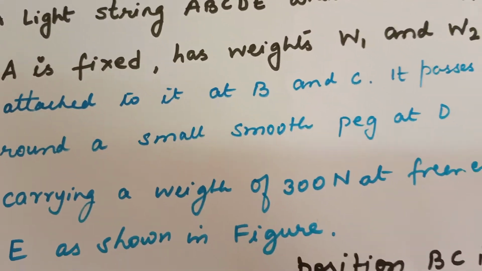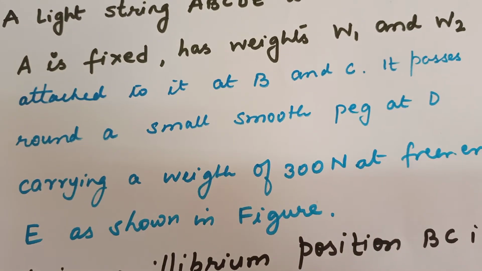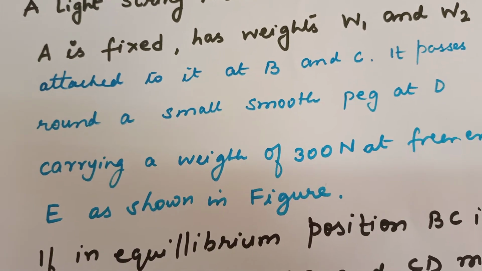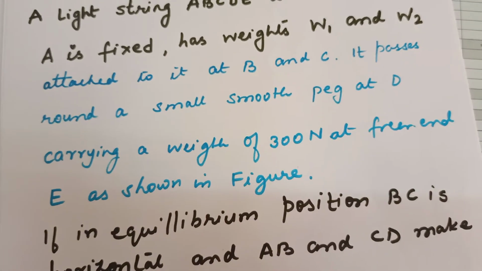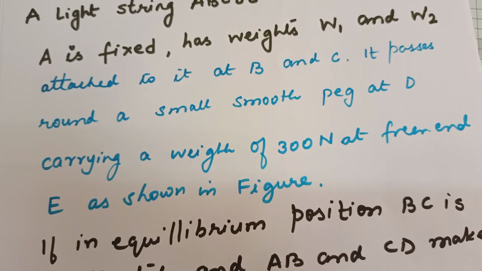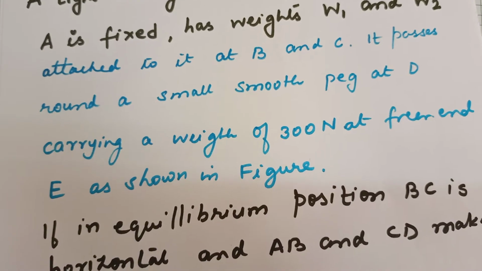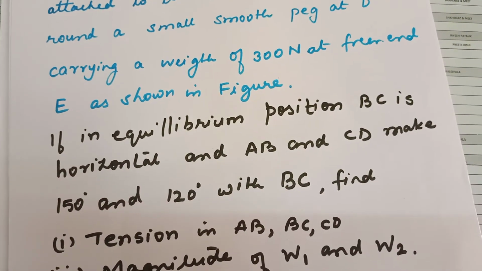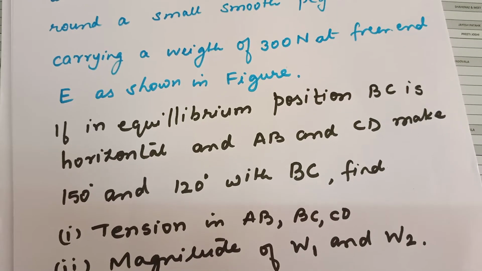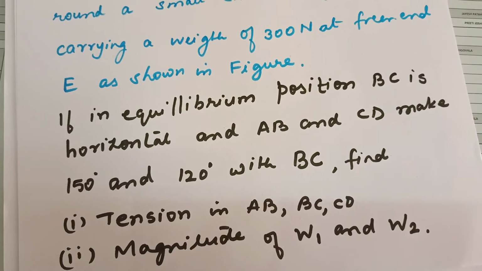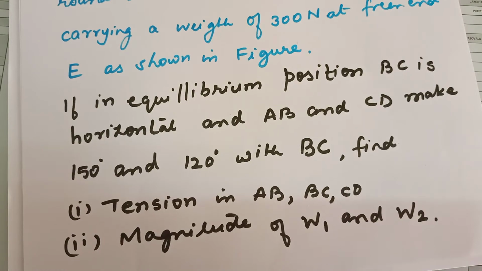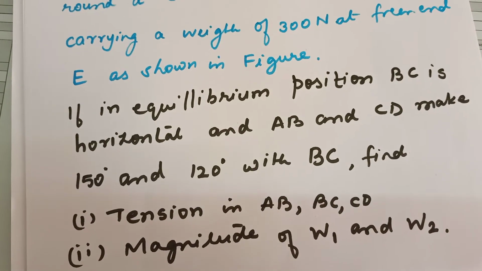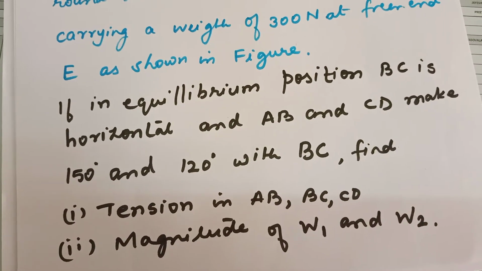It passes round a small smooth peg at D carrying a weight of 300 Newton at free end E, as shown in the figure. In equilibrium position, BC is horizontal and AB and CD make 150 and 120 degrees with BC. Find tension in AB, BC, CD, and also find the magnitude of W1 and W2.